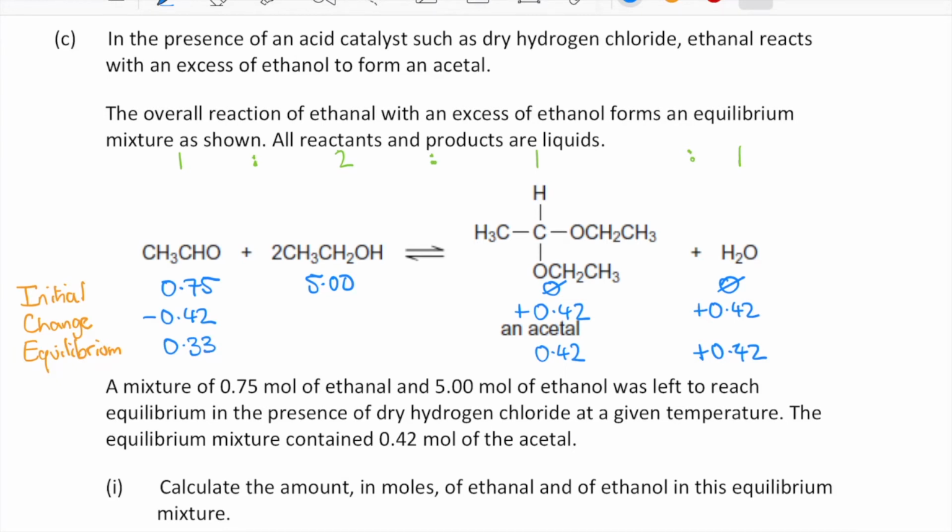And then we can use ethanol and ethanol as a comparison. It's a 1-to-2 ratio. So that means the change in ethanol must be twice the change in ethanol. So minus 0.84. Then that gives us our equilibrium values of 4.16. And now we have our answers.